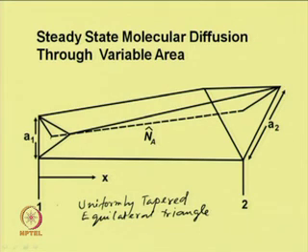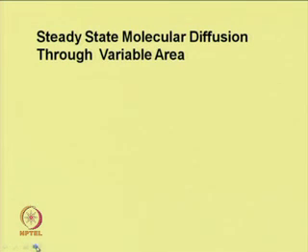So, the side of the triangle gradually increases from the left hand to the right hand, and we can write the area as half into side into altitude.